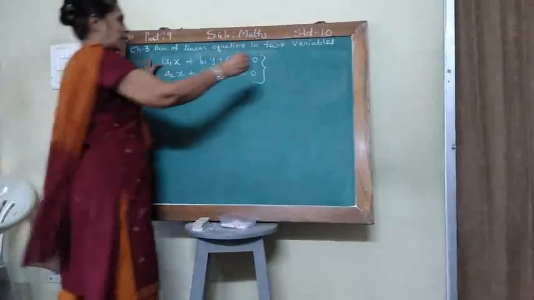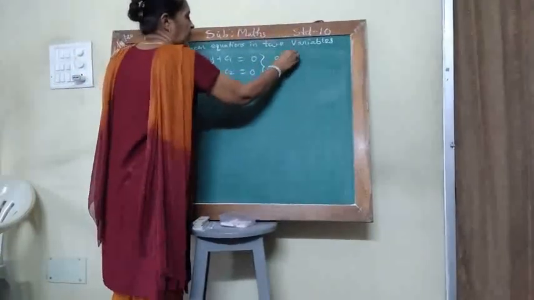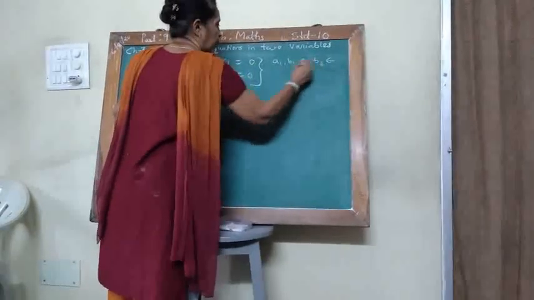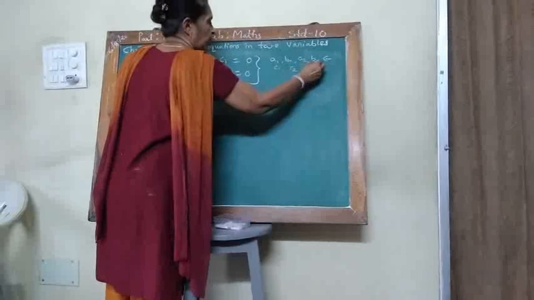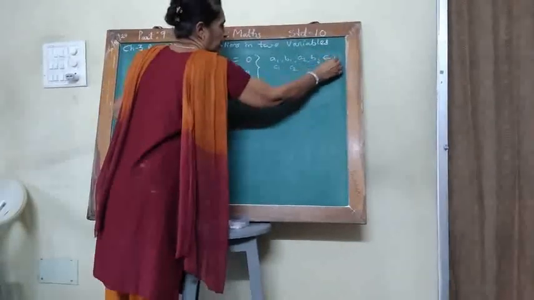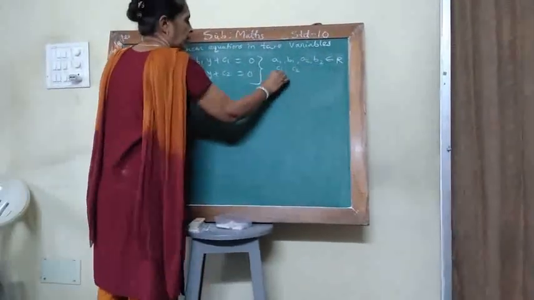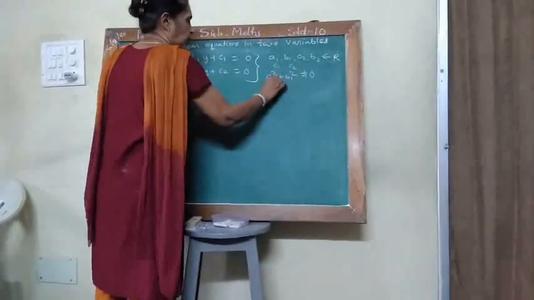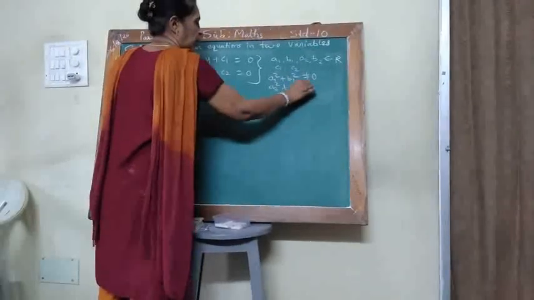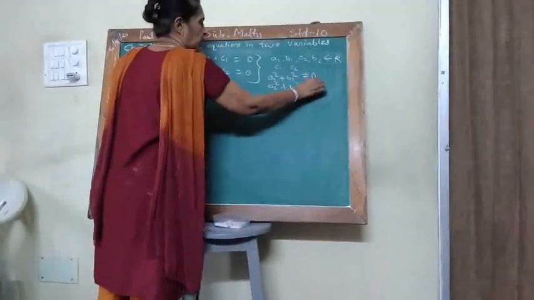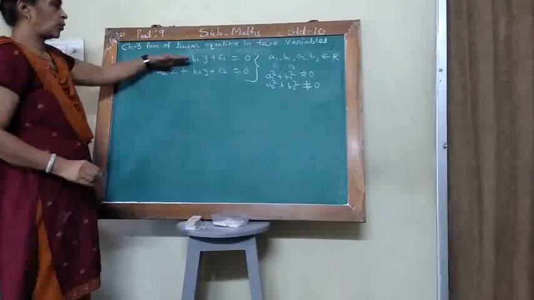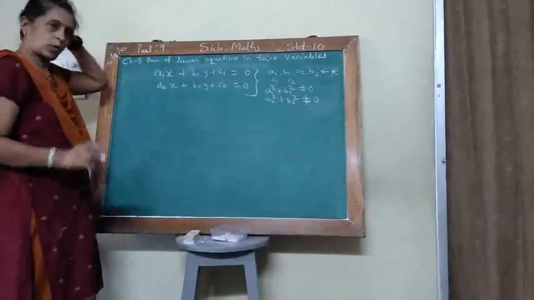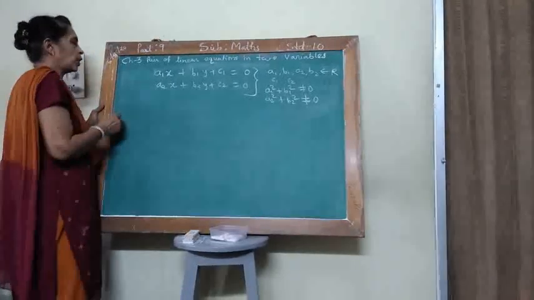In 3.1 I have already said that a1, b1, a2, b2, c1, c2, all coefficients and constant terms, are real numbers, and a1 square plus b1 square not equal to 0, a2 square plus b2 square not equal to 0. This is the condition: coefficients of x and y both simultaneously not equal to 0.